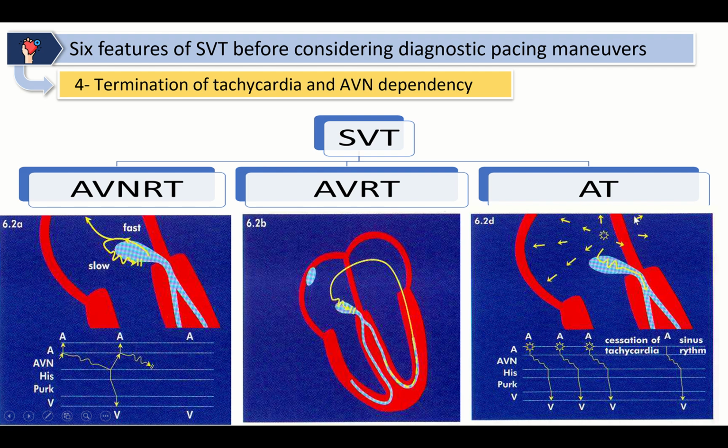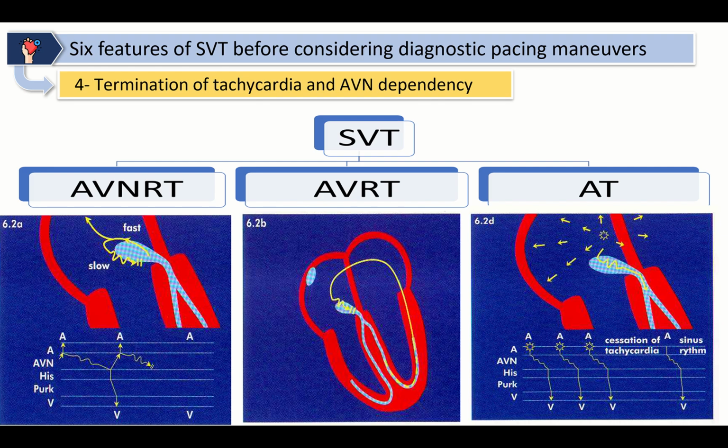In atrial tachycardia, it's a different story, as atrial tachycardia is not dependent on the AV node at all. So termination of the atrial focus means the last atrial beat will go down through the AV node and lead to ventricular activation.